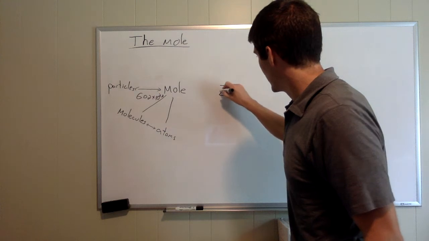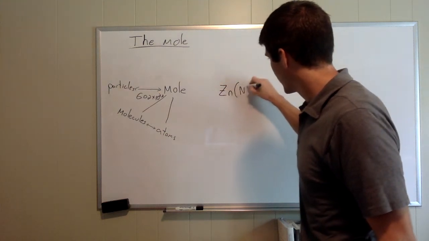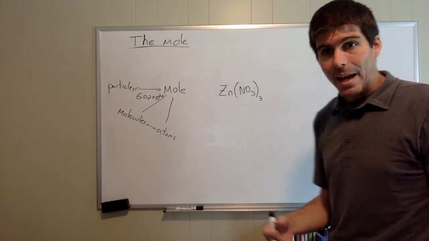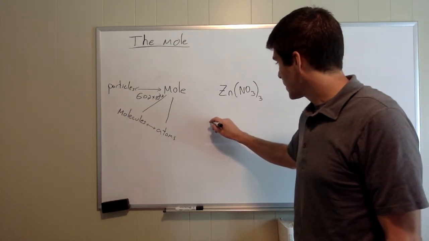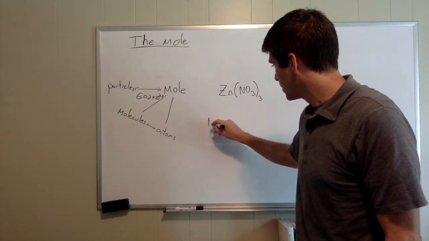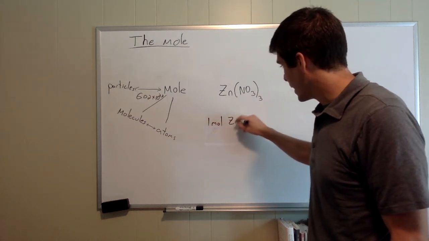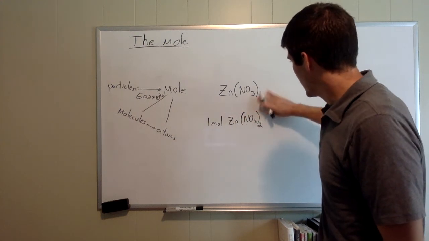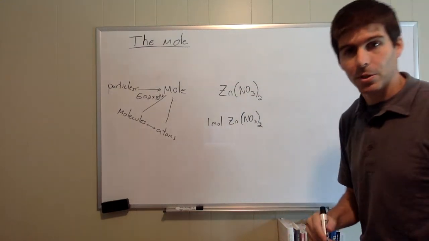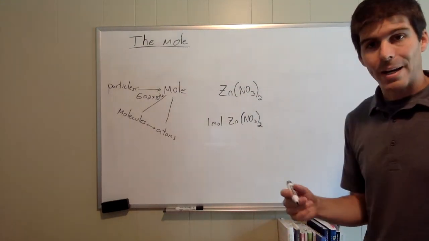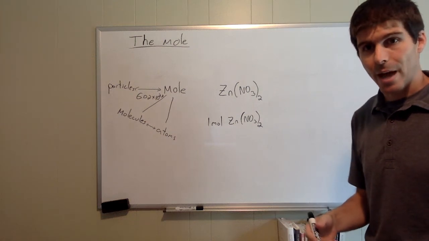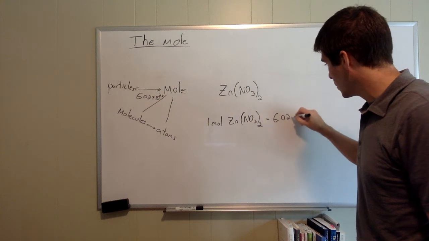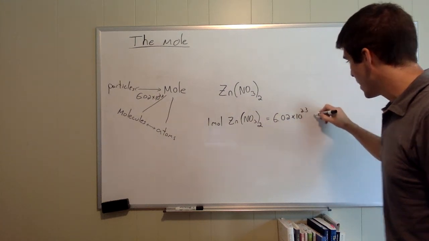If we had zinc nitrate, okay, and we wanted to say, if we had 1 mole of zinc nitrate, sorry, this should be a 2, zinc has a +2 charge. If we had 1 mole of zinc nitrate, how many molecules of zinc nitrate would we have? Well, that would be equivalent to 6.02 times 10 to the 23rd molecules.